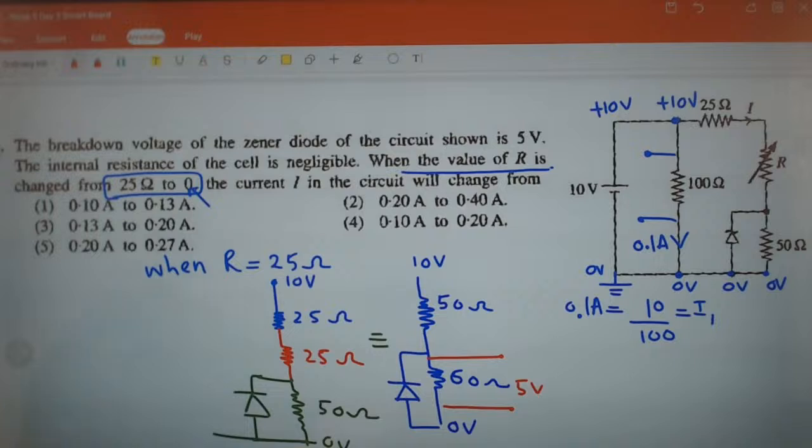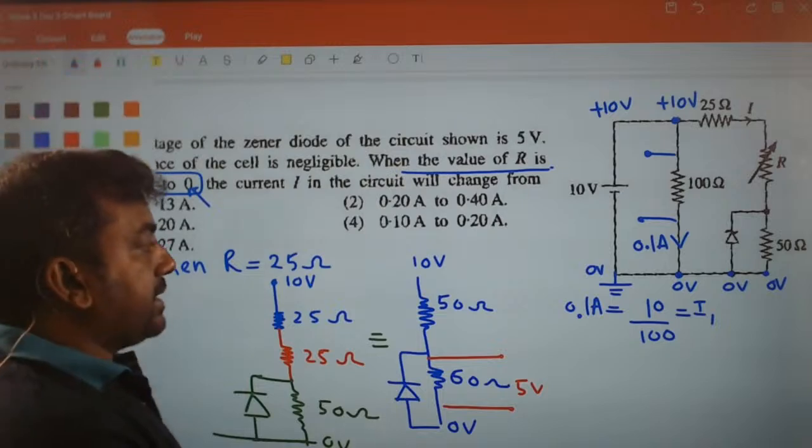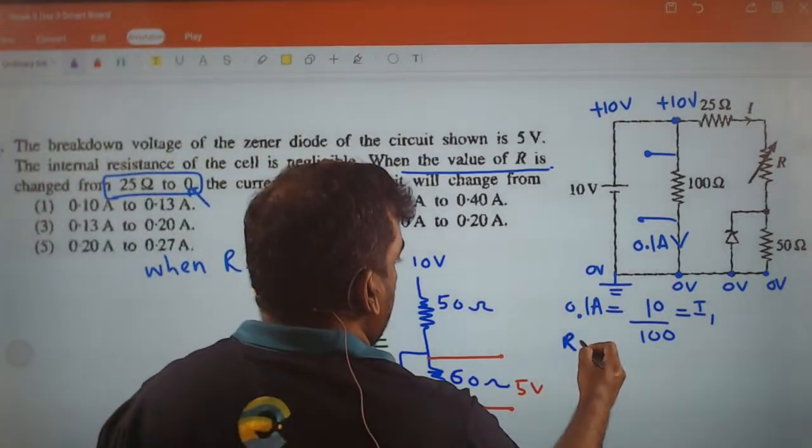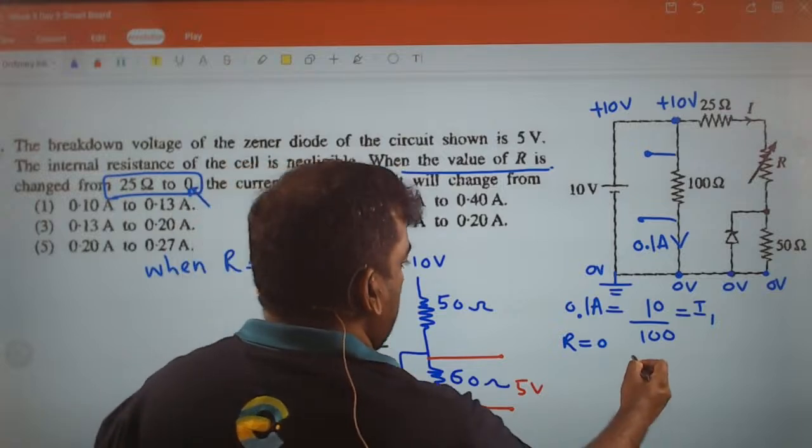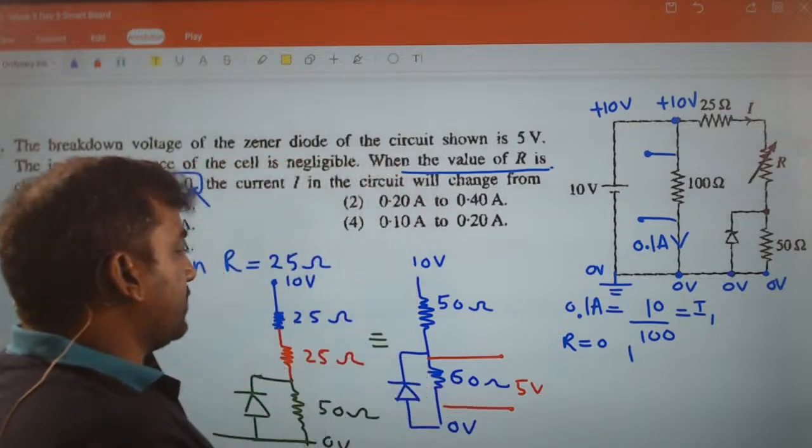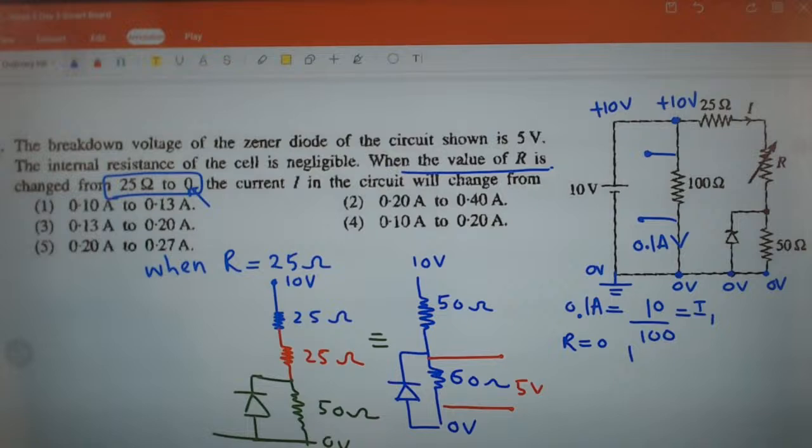Then when R is equal to 0, I'll show this in a better way on the board easily.